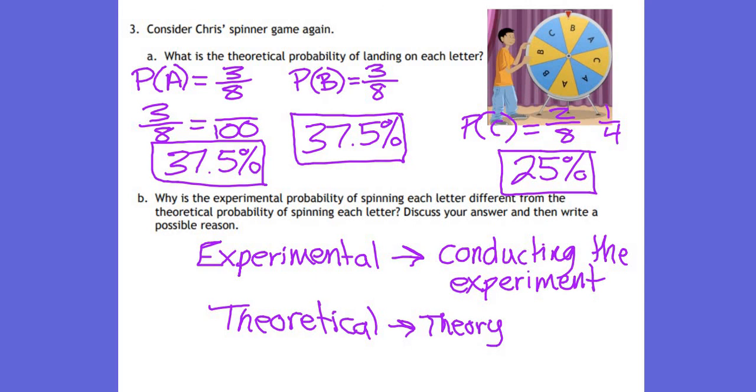So if I am flipping a coin, I'm looking at the object. What data does the coin give me? It has heads and tails. So theoretically, it should land on heads what percent of the time? 50%. If I conduct an experiment, it should get close to 50% of the time that it will land on heads. So theory is where you use the data of the object.